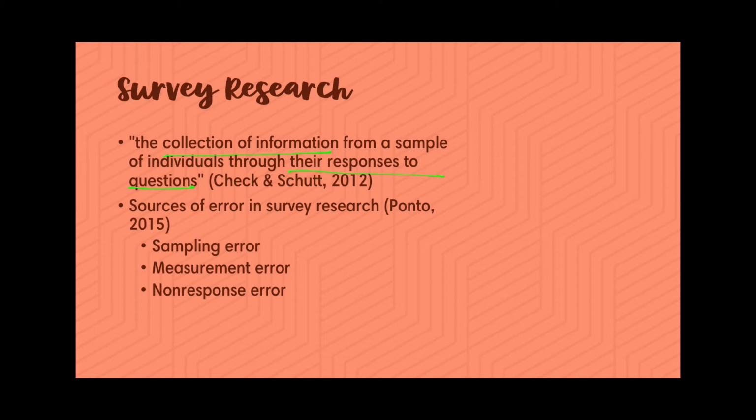And also, the survey has to be able to measure what it's intending to measure, because if you have all this data but the measuring tool that you are using is incorrect, then the data itself is not objective, and therefore the data is erroneous, so we cannot use that data.